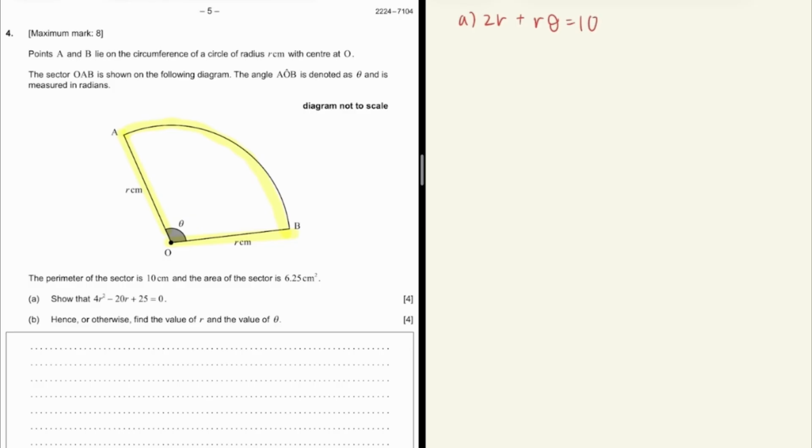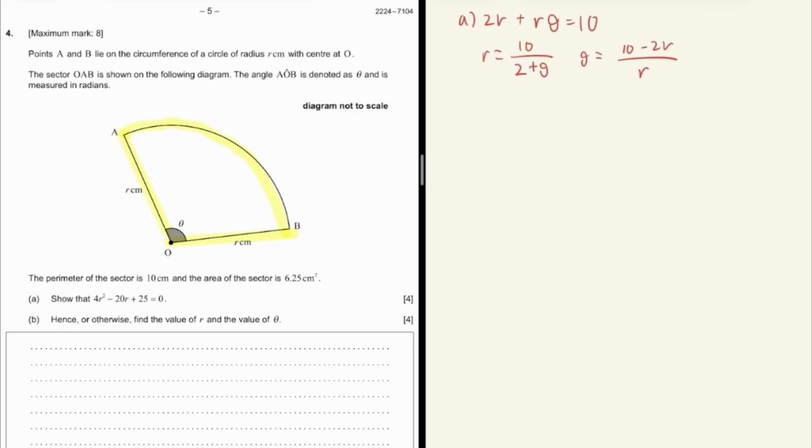And so, therefore, r equals 10 over 2 plus theta, and also that theta is equal to 10 minus 2r over r.